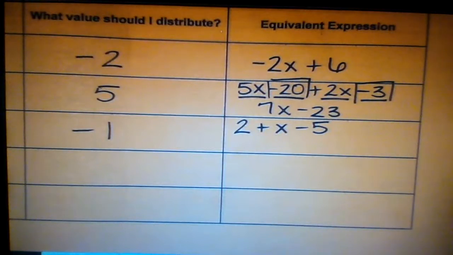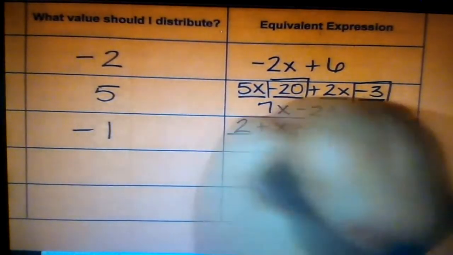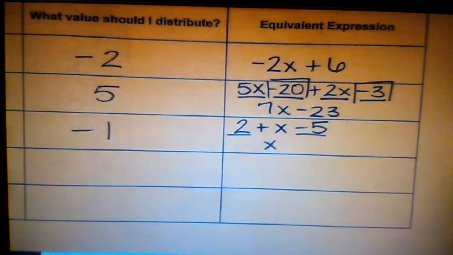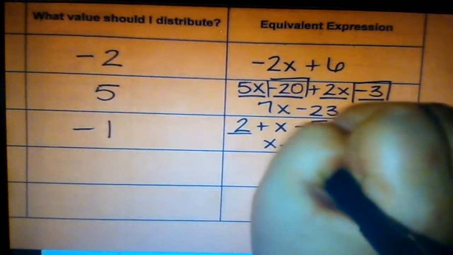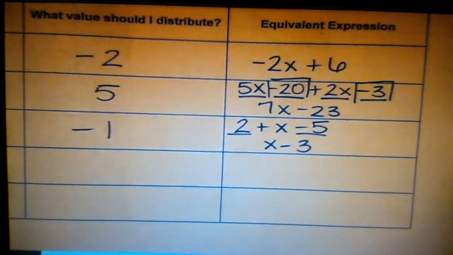We're not plugging anything in. We need to put something together. What goes together? What can we combine? Like terms, you need to find the like terms. The 2 and the -5. So the x doesn't combine with anything, but what do we get when we put 2 and -5 together? Negative 3. Yes.